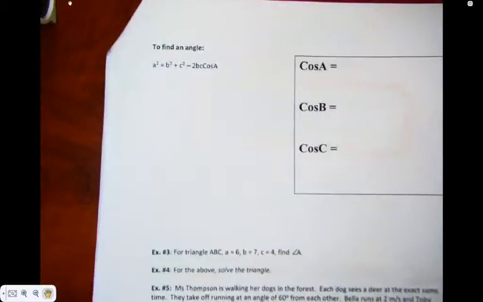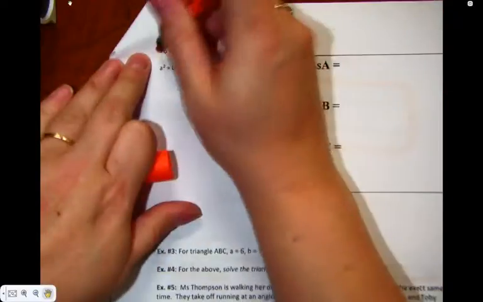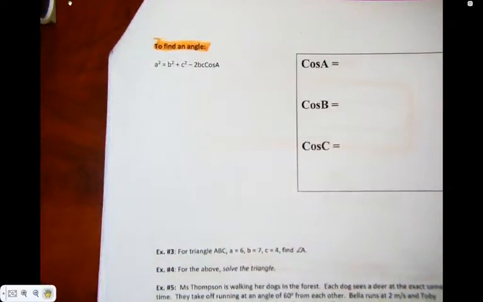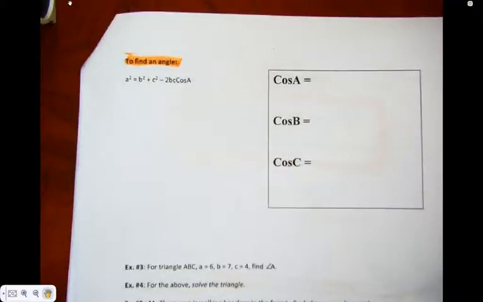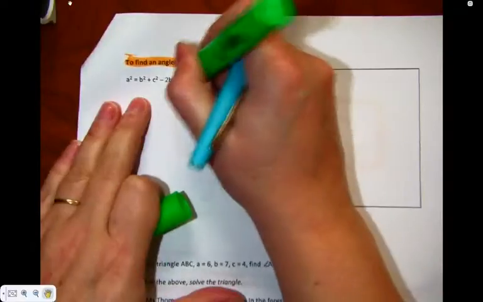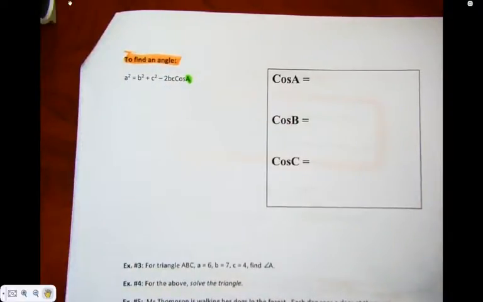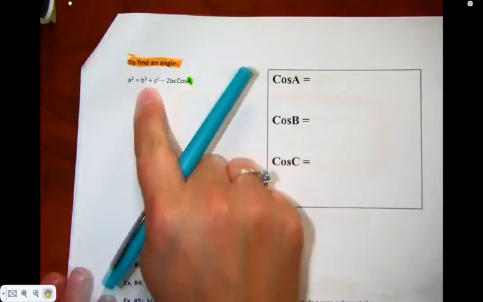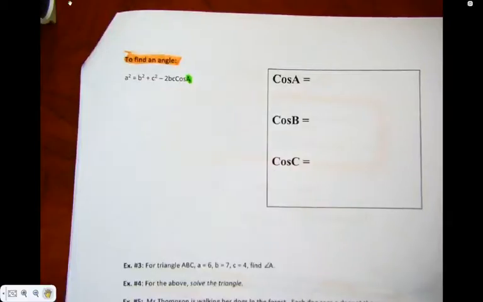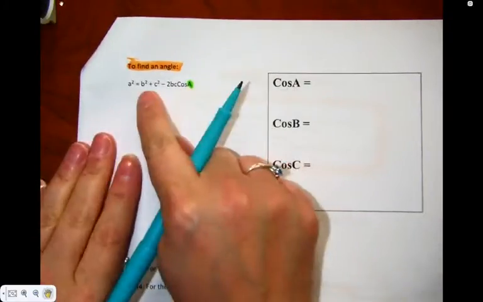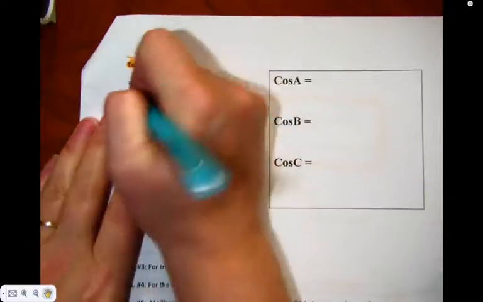What if we want to find an angle? So what we need to do is get this A all by itself. So let's rearrange this formula. How do I get rid of B squared? Subtract it, so move it to the other side.